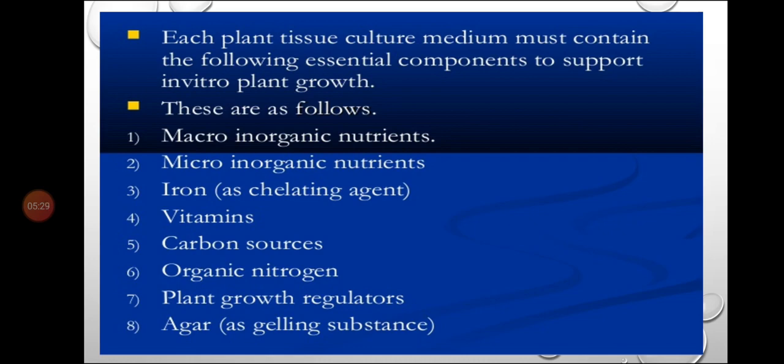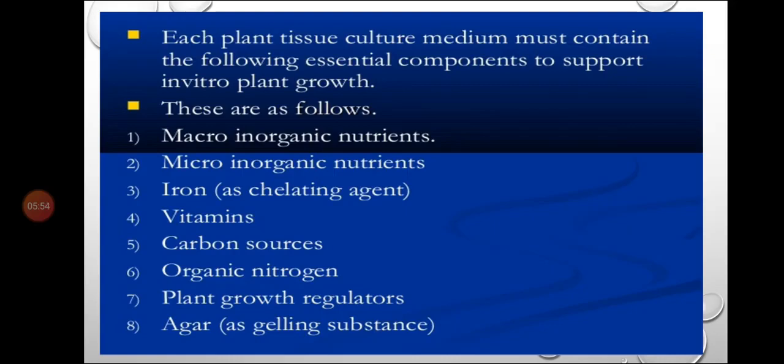The most commonly preferred medium for tissue culture is MS medium, that is Murashige and Skoog medium. Remember this for your objective question: the most commonly used medium for tissue culture.